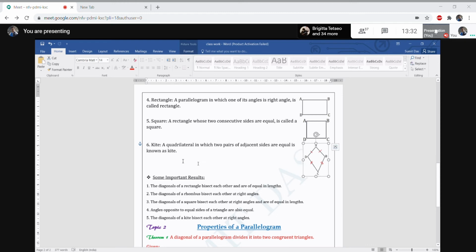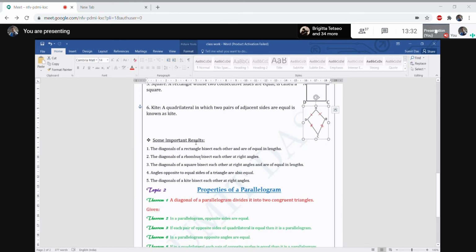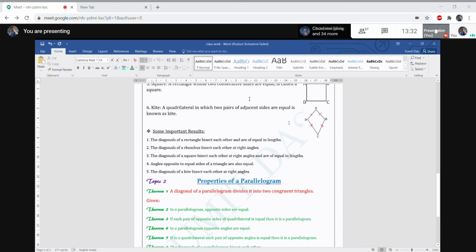Now, before moving towards our theorem, in this chapter our main topic is theorem. To understand the theorem, I'll discuss a few important results.